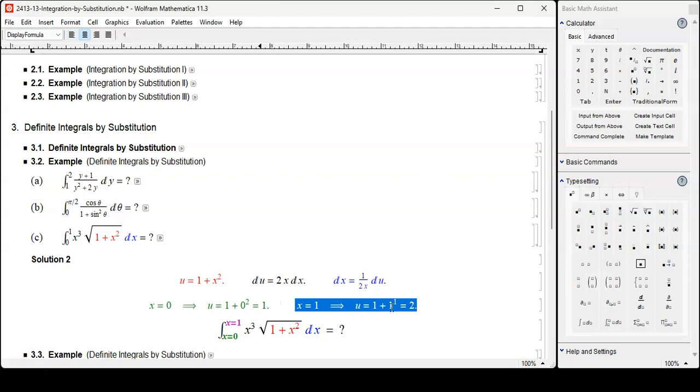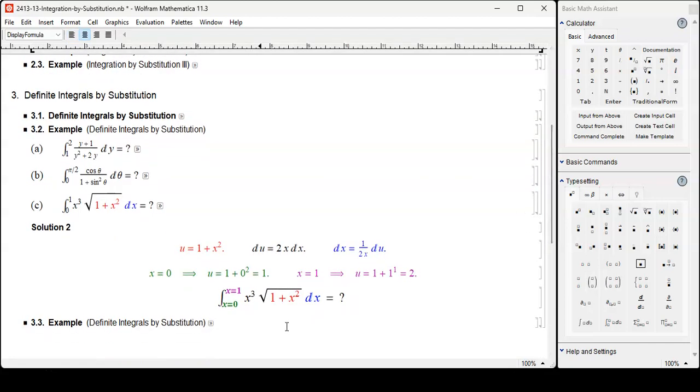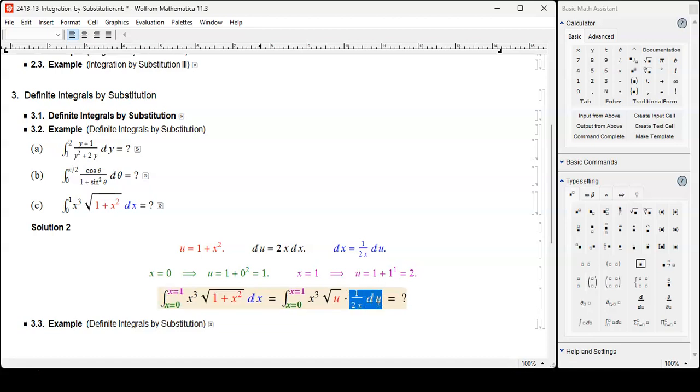So that's the ending point, purple. So this entire integral becomes, let's see, this is u, and this one is 1 over 2x du, and then x cubed is still there.